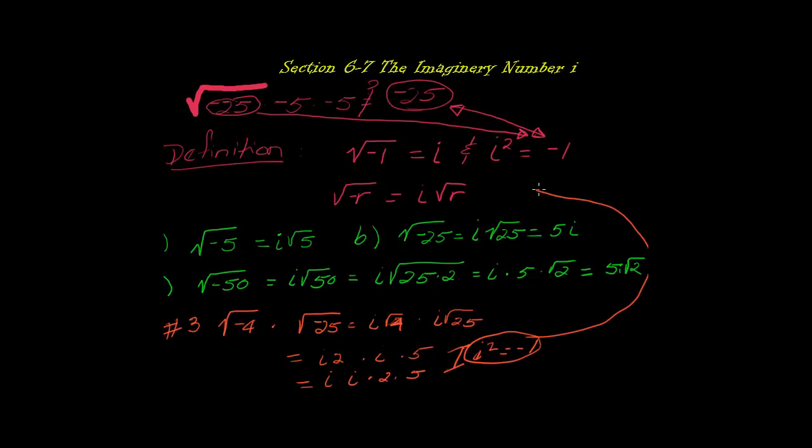That is up here as well. So we have i squared times 10, which is negative 1 times 10, which is equal to negative 10. And that is the answer here. And again, you can follow that on the top of page 289.